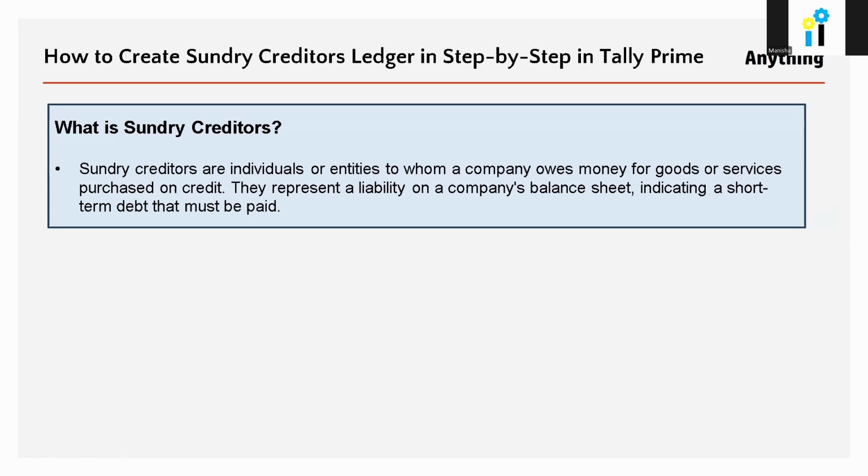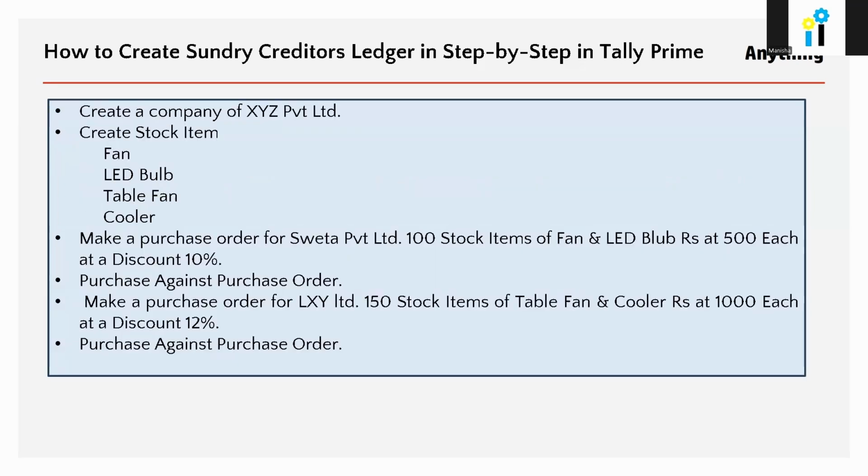A sundry creditor is a vendor from whom companies buy goods or services on credit basis or cash, and it is shown on the liability side of the company's balance sheet.